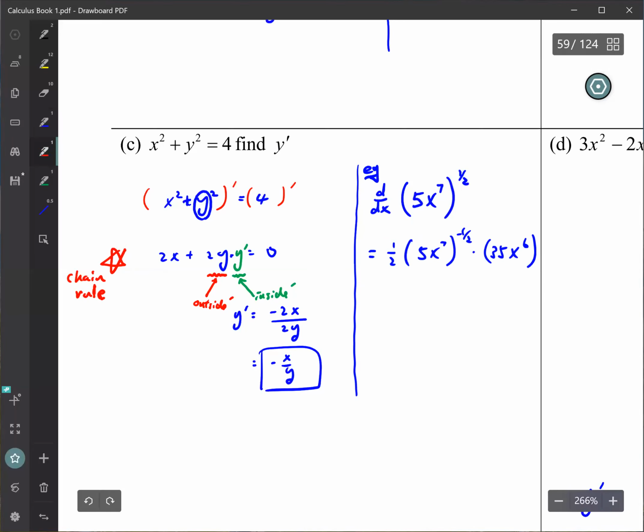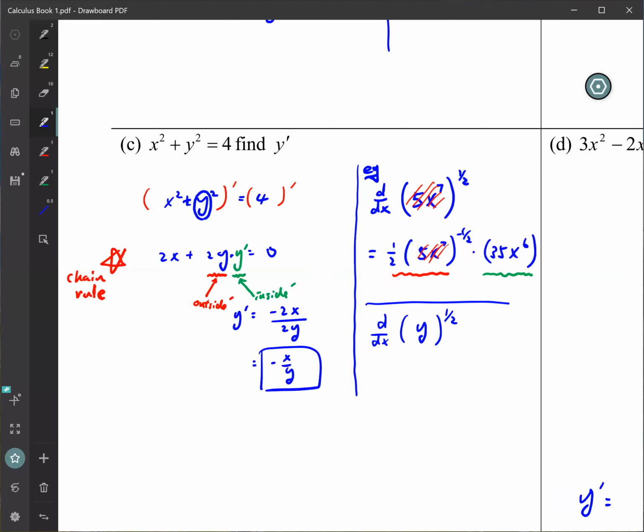Okay. So this part is prime the outside, and then the green part is prime the inside, correct? Okay. So now let's say the inside function is a mystery function. I covered it up. Let's say I don't see it, and I'm going to call that part the y. So now the question will look like d dx of y to the 1/2.